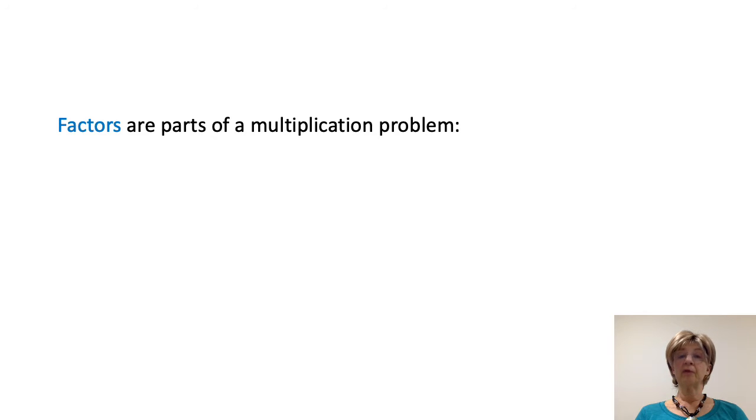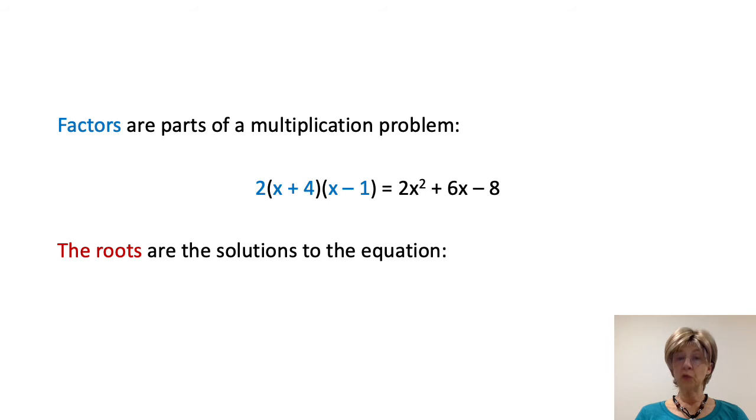Factors are part of a multiplication problem. 2 times x plus 4 times x minus 1 gives us back our original quadratic equation, 2x squared plus 6x minus 8. The roots are the solutions to the equation. X equals minus 4 and x equals 1.